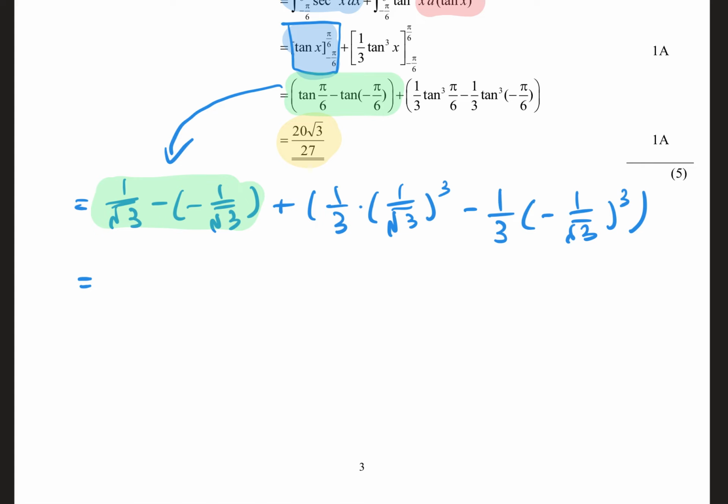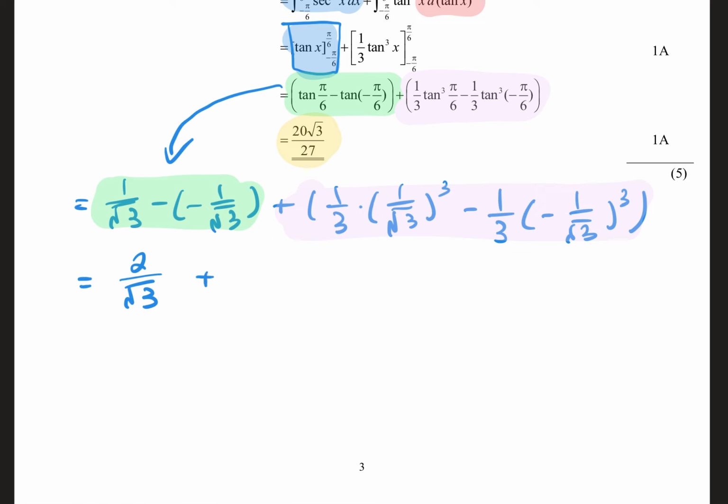The pen is not really that nice, so let me change to a purple one. So first part and the second part. After that, most of you are good in doing the first one.